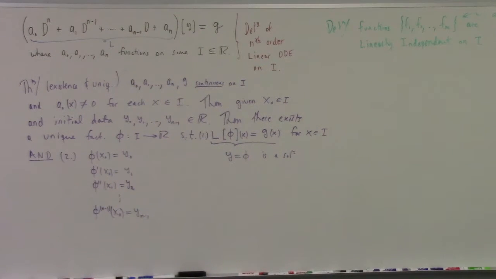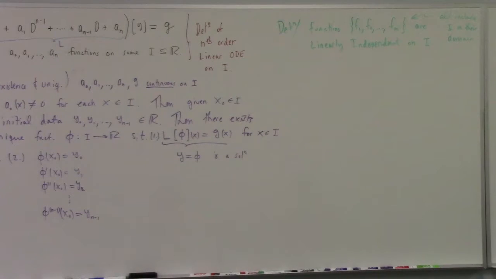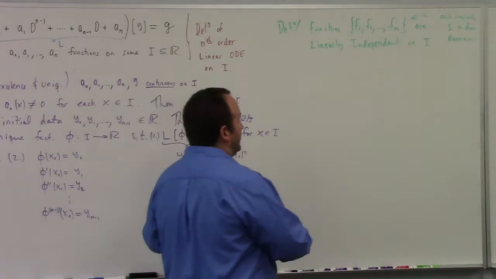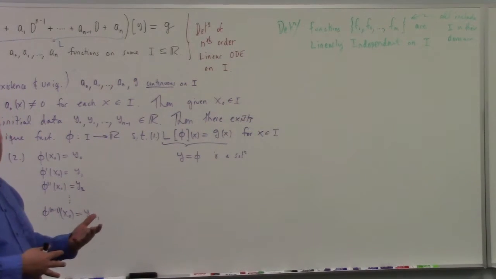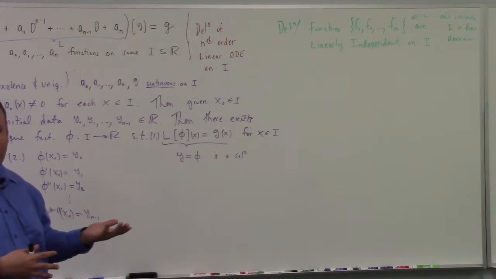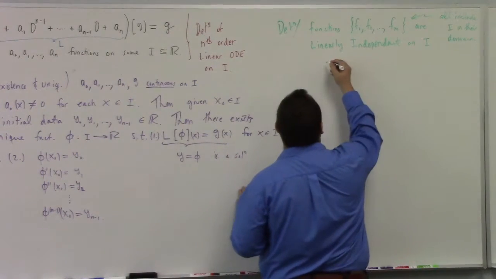All right, so to say that they're linearly independent, generally means they're distinct functions. If they're not linearly independent, they're linearly dependent. And what that means is that you can write one as a linear combination of the remaining ones. So a convenient way to characterize linear independence is just this.